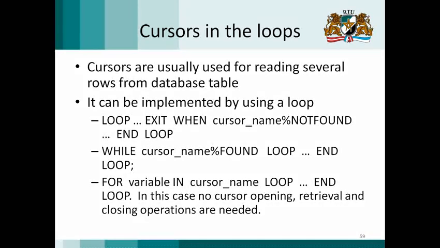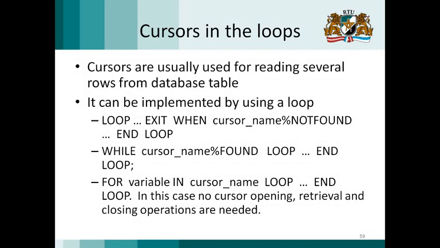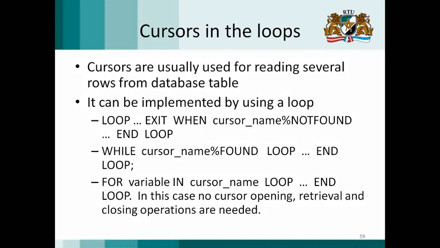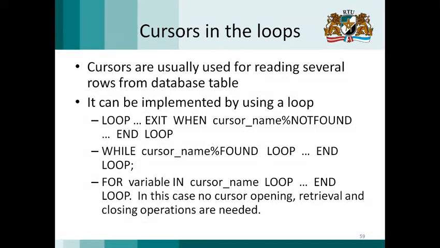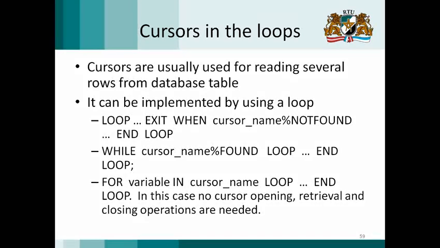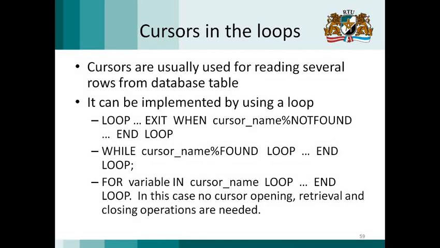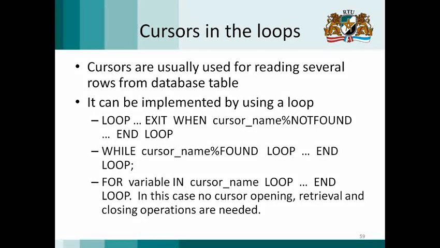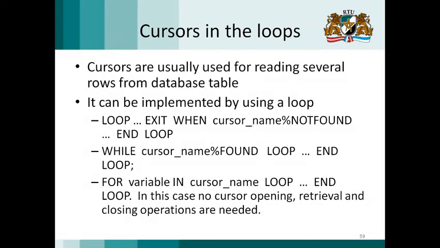variable, and we use this variable and just this syntax, in cursor name loop, until this cursor no longer has any records. In this case, all the things are performed automatically. We do not have to open the cursor, we do not have to retrieve and close this cursor.